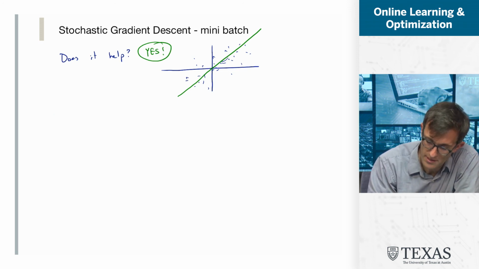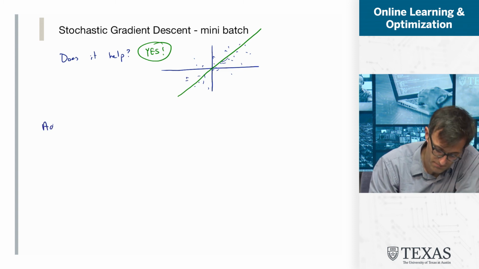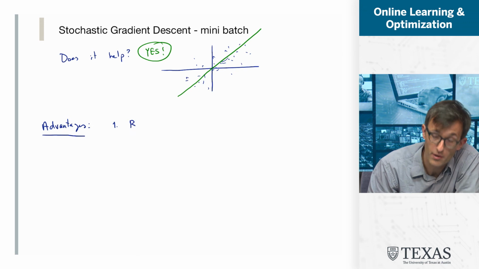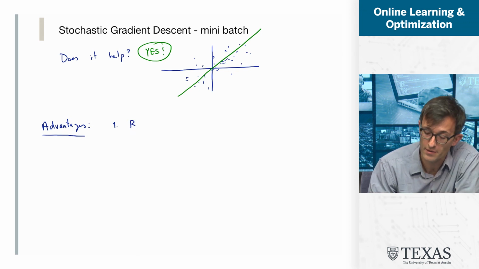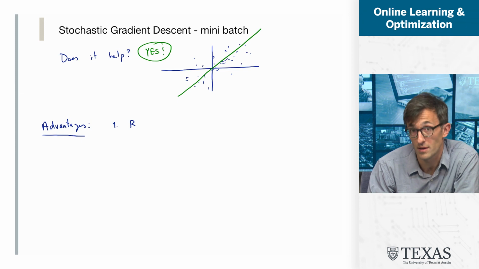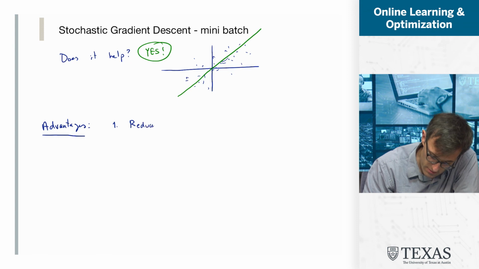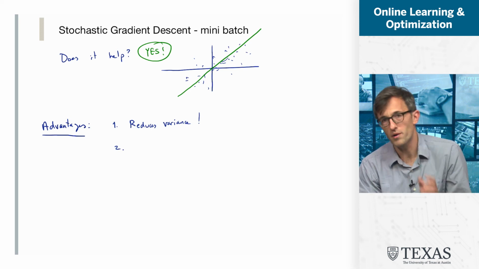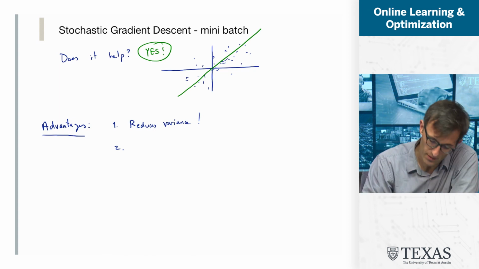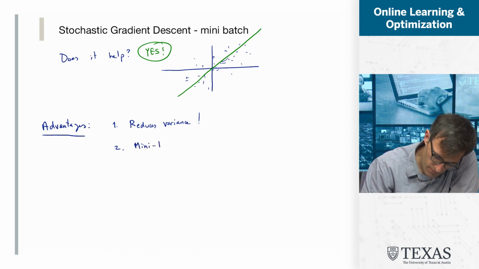So what are the advantages and disadvantages of using mini batch? Well, first of all, as we just said, it reduces variance, and this is what we want. An upper bound on the size of the variance directly features in the bound. So this is good. There's a second important factor that has less to do with the analysis and more to do with computational considerations. Mini batch is inherently parallelizable.